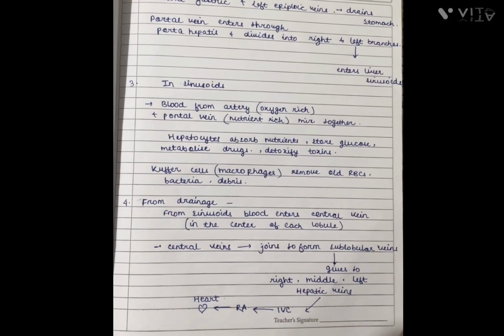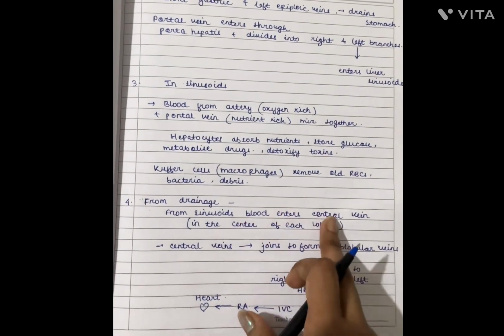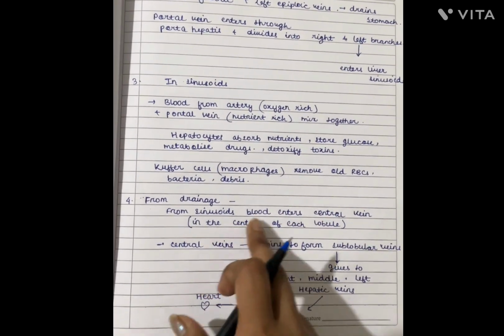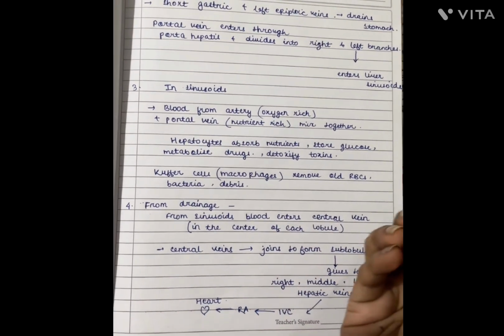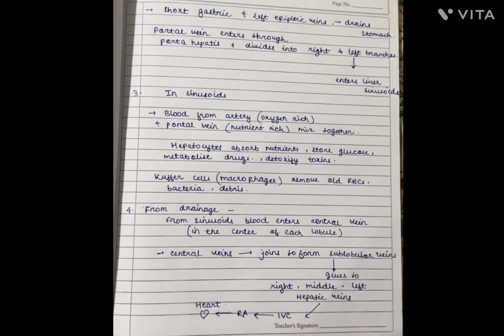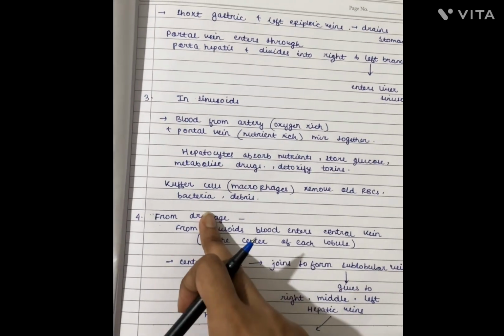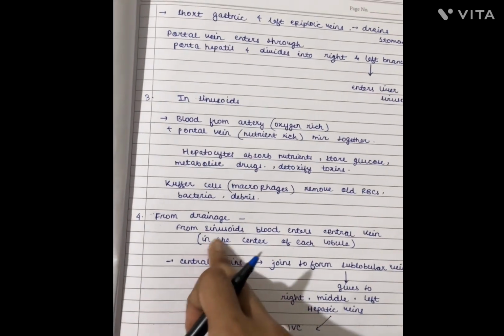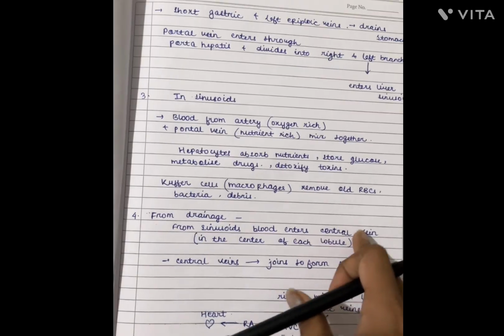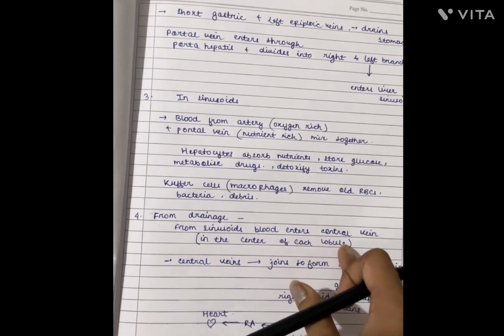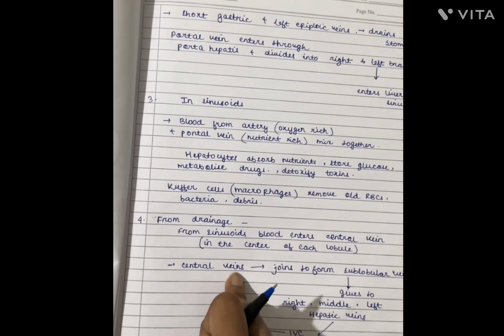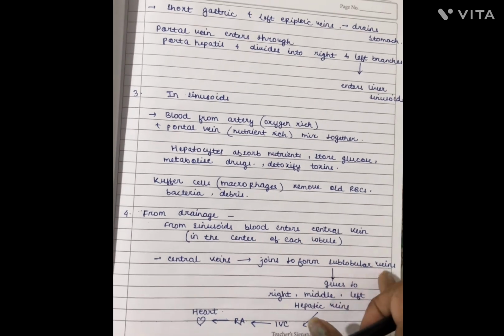From the sinusoids, blood enters the central vein in the center of each lobule. I told you about the lobule that is present in the lobes. It is the smallest part of the lobes. From the central vein of each lobule, they join to form the sublobular vein.